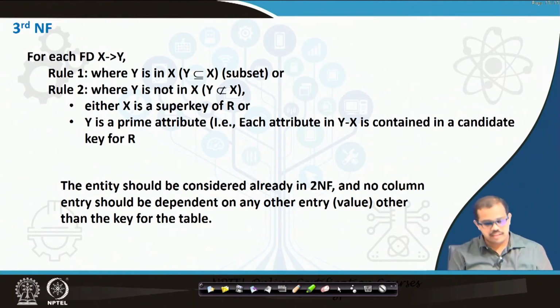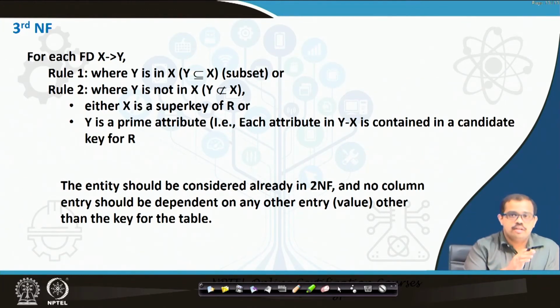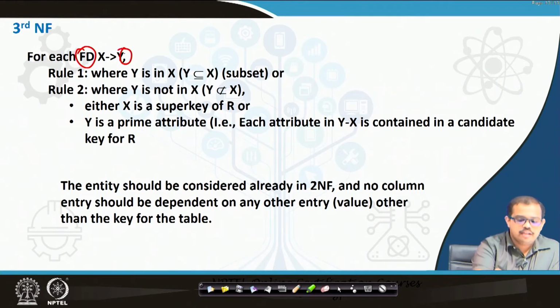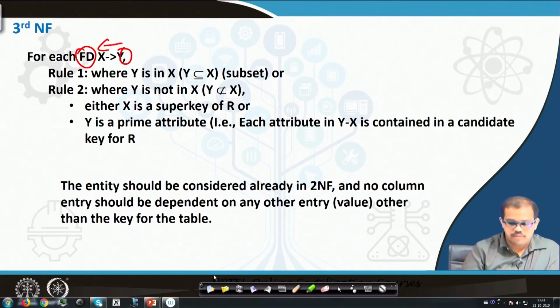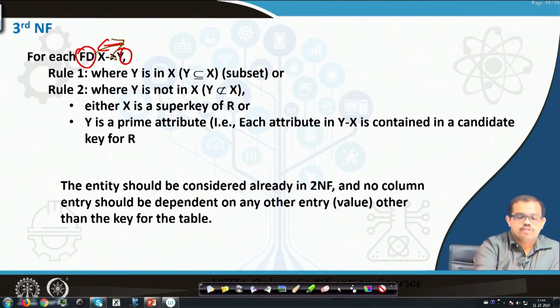So, when we look at this, if you are going by the mathematical relationship, for every functional dependency of y with x, okay. Now, when we are looking at this, it is a functional dependency something like this. So, functional dependency of y to x.